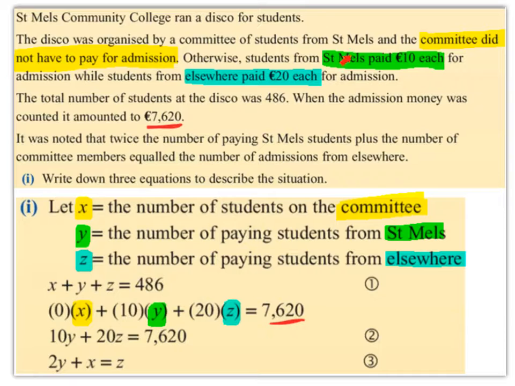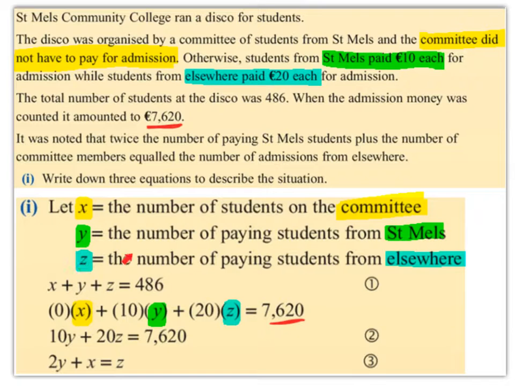We were told that St. Mel's paid €10 each. So we're going to have 10 multiplied by y. y represents the students from St. Mel's, and they pay €10 each. So €10 multiplied by the number of students from St. Mel's is 10 multiplied by y. And we were told that the students from elsewhere pay €20 each.